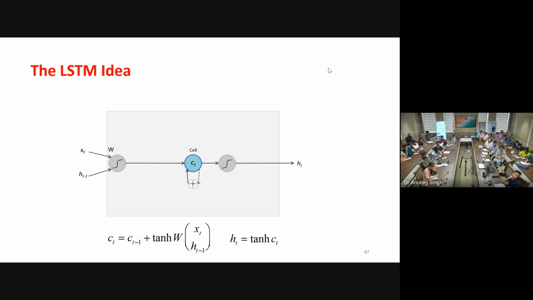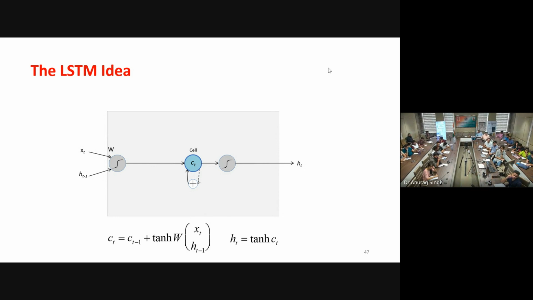So what you are thinking about, what is my c t? My c t is a function of c t minus 1 plus tanh of W x t, s t minus 1, because s t minus 1 W, you are going to compute this. So this is the net input coming. What is your c t? c t will be computed in terms of what was earlier content at t minus 1.